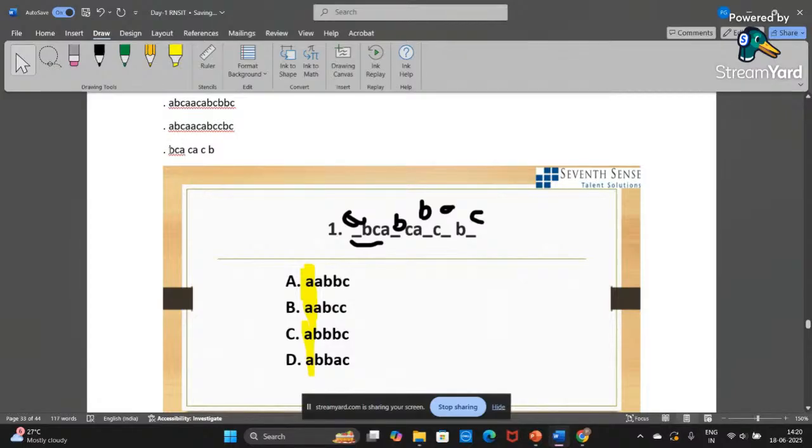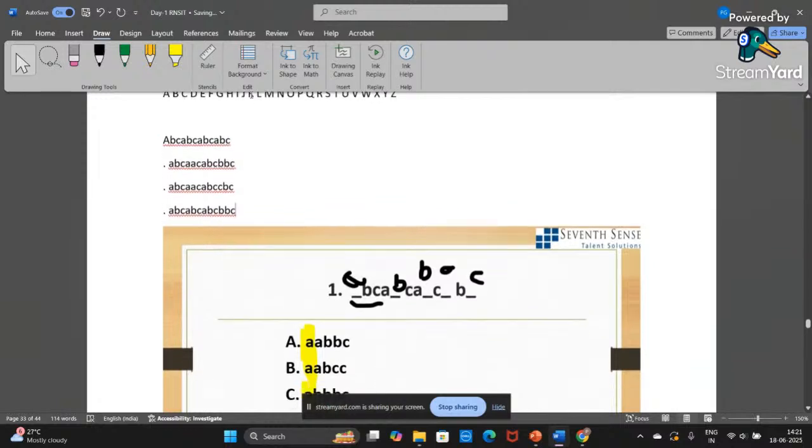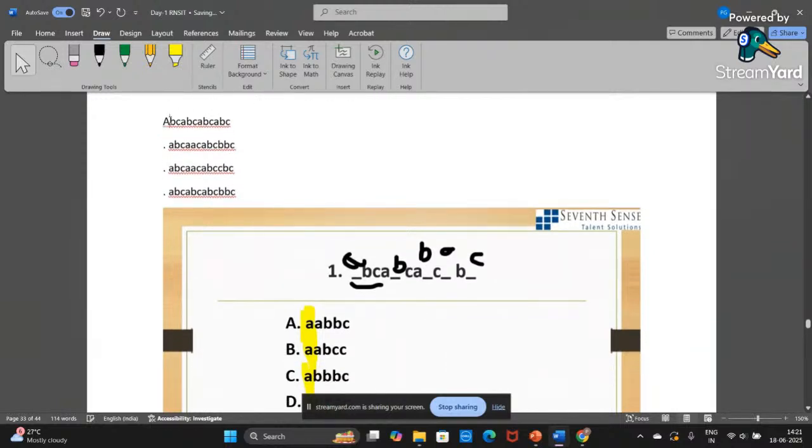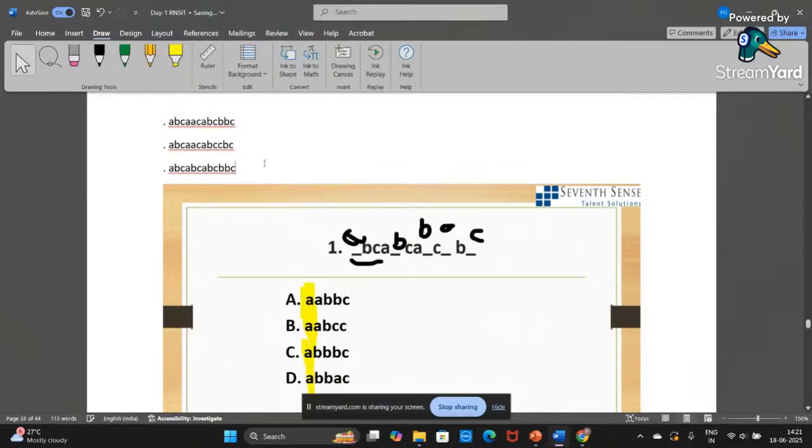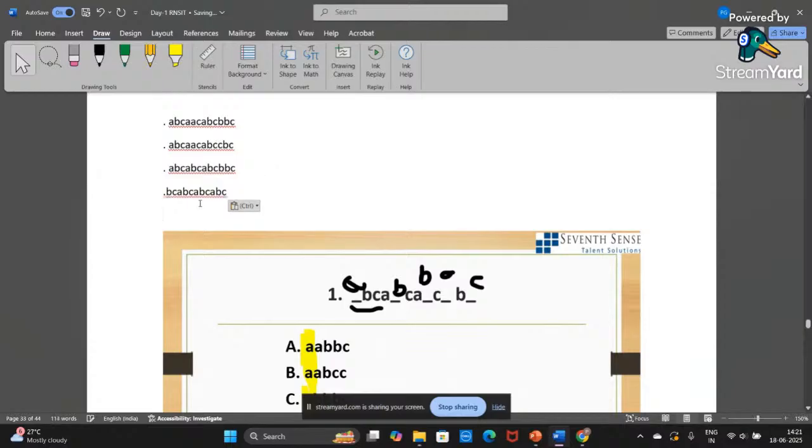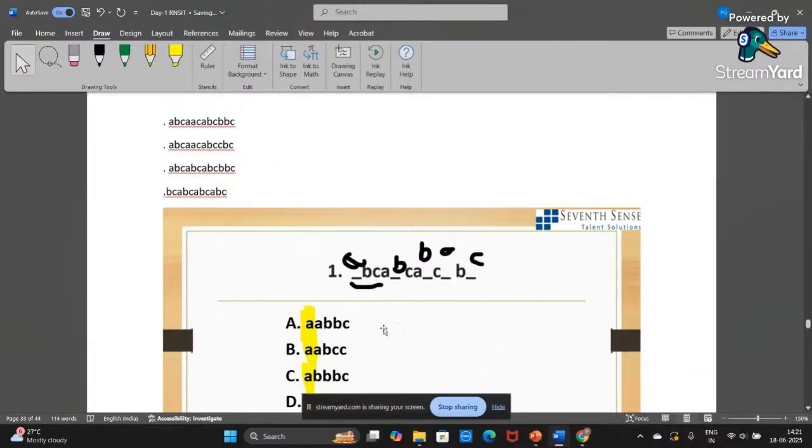First blank has to be A, B, C, C. In the next option, it has to be B, C, A, again B, C, again B, then again C. I have filled the blanks with all the options.